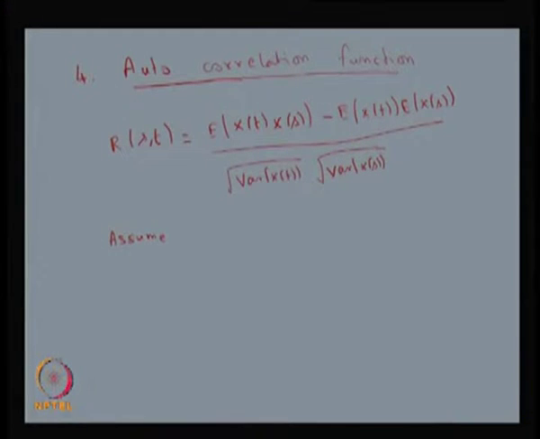Sometimes we assume R of s comma t depends only on the absolute value of t minus s. In the later case, when we are discussing the stationary process, it is going to depend only on the interval length, not the actual time.